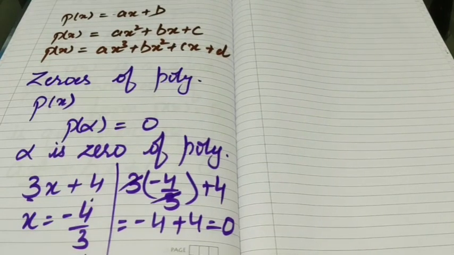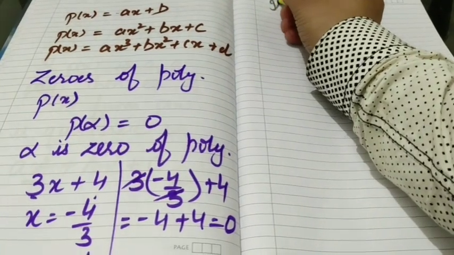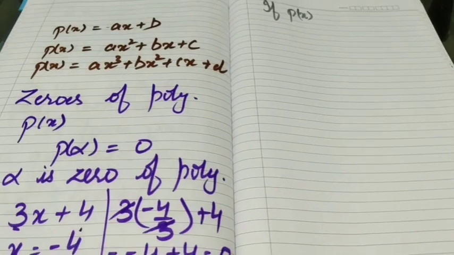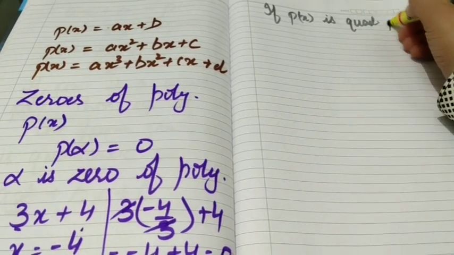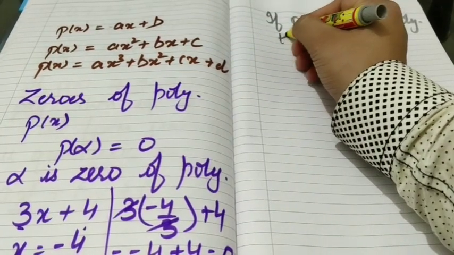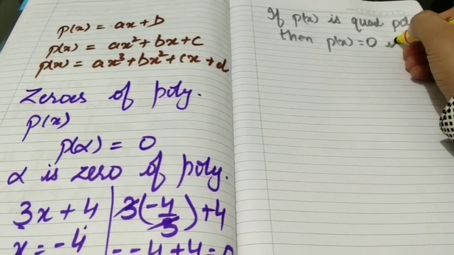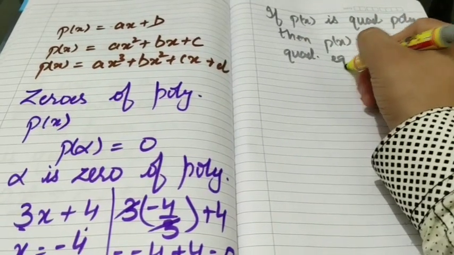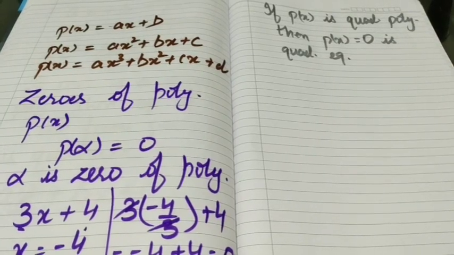Now we will use this concept to develop another topic. If p(x) is any quadratic polynomial, then p of x equals 0 is what we call a quadratic equation.